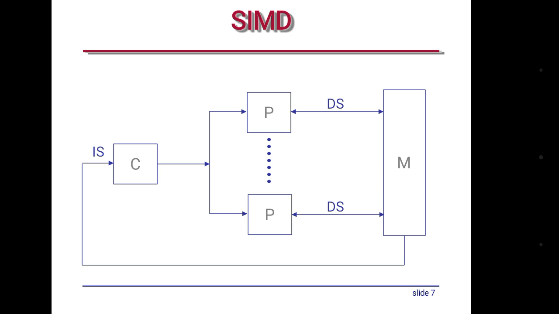So we take a single instruction and execute it via several processors to produce multiple data streams. That is called the SIMD processor.